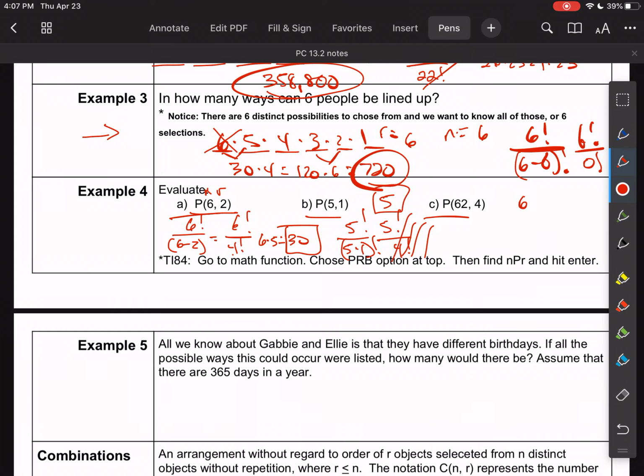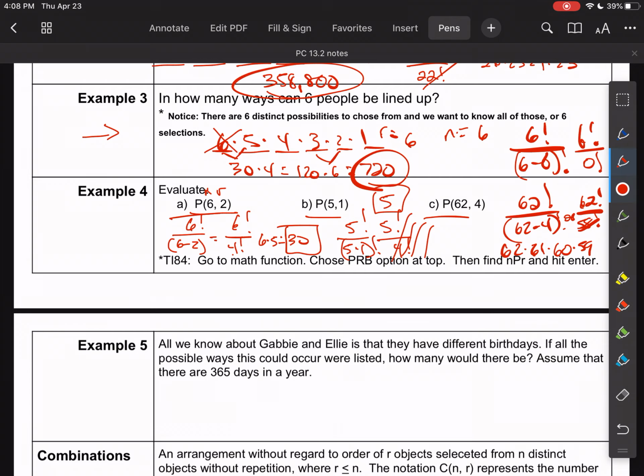So this one would be 62 factorial over 62 minus 4 factorial, so this would be 58 factorial. So the 58 through 1 cancel, and you're left with 62 times 61 times 60 times 59. So you could do that in your calculators.